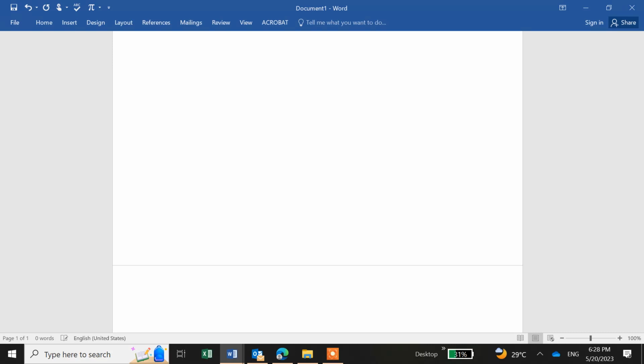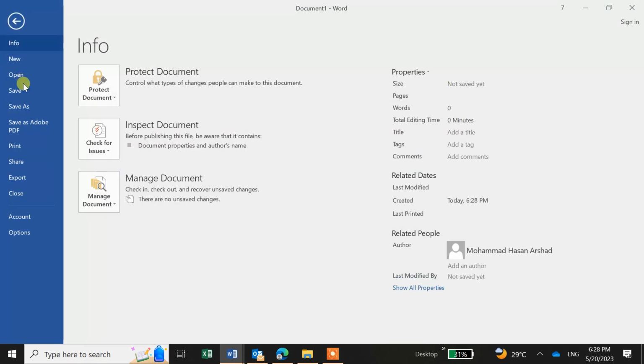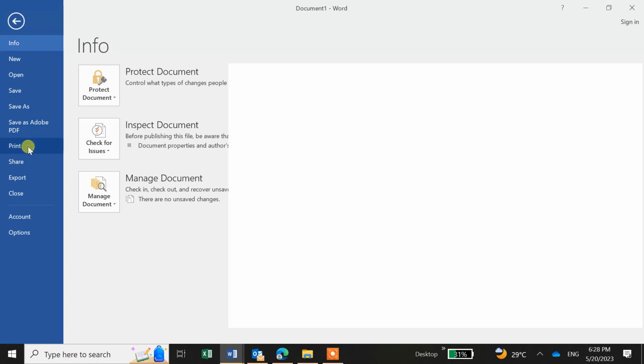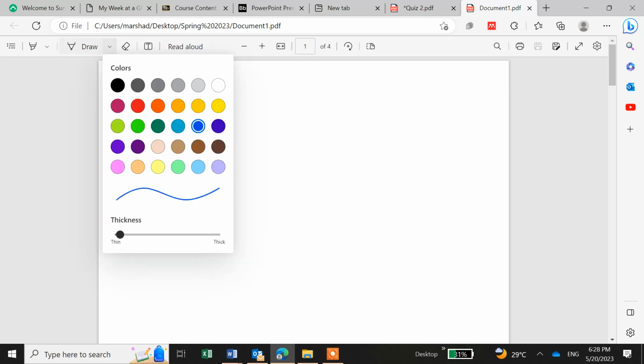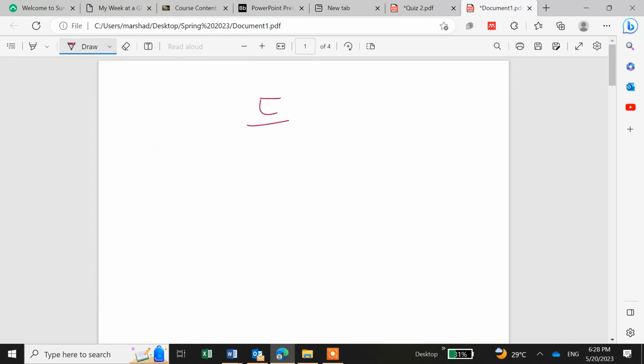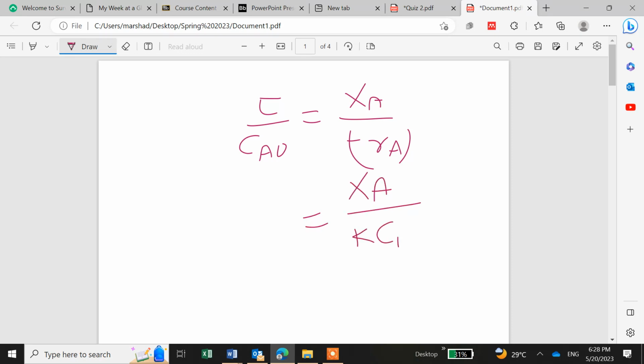So for CSTR, you know this equation, right? Tau divided by Ca naught equals XA over minus RA, right? RA is K CA square, isn't it? And CA is CA0 times 1 minus XA.